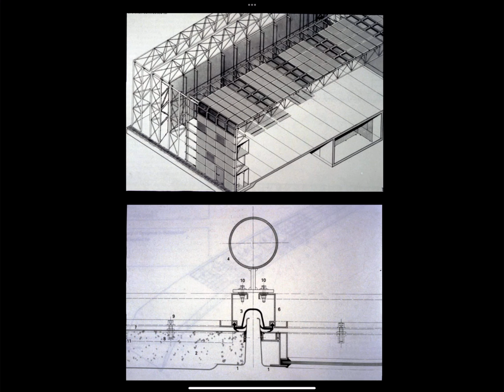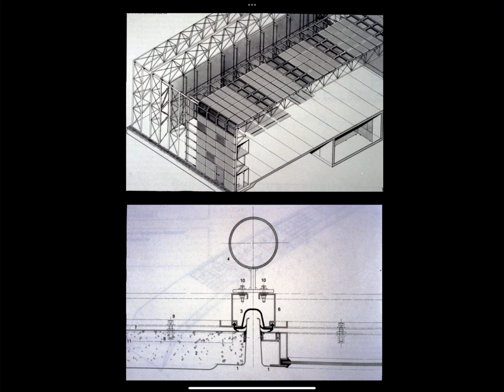So in the axo at the top of the image, you see the primary steel structure at the rear of the drawing, and then you see the verticals and horizontals of the secondary structure that is going to carry the cladding panels. And then you see the cladding panels themselves.